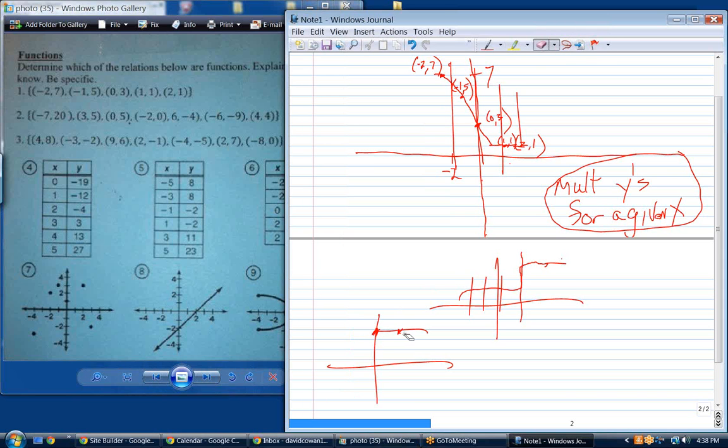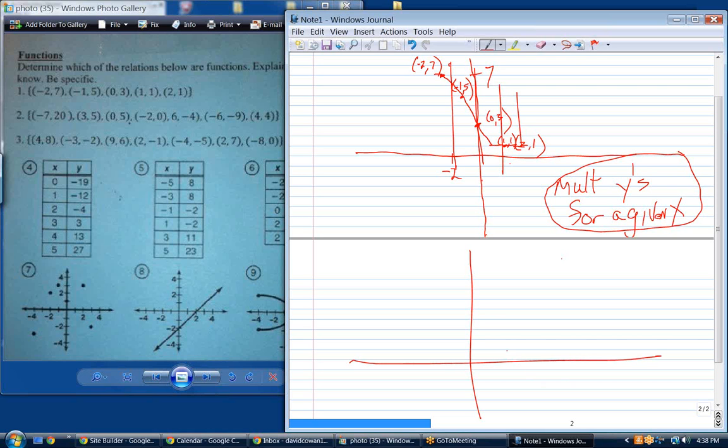Well, if I was graphing those, here's what they would graph like. 2, -1, so that point is right there. 2, -1. And this other point, 2, 7, is right here, directly above it.